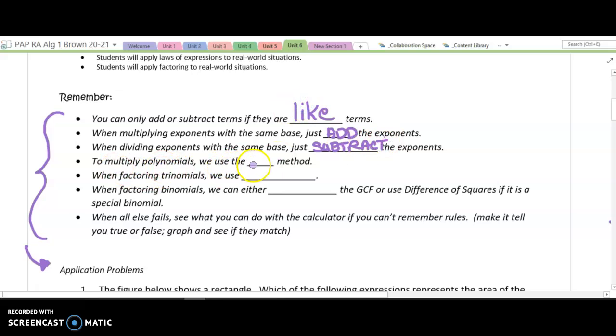To multiply polynomials, we use the box method. You have to figure out how many things you're multiplying to determine how many boxes you're going to have. When factoring trinomials, we use T-charts.